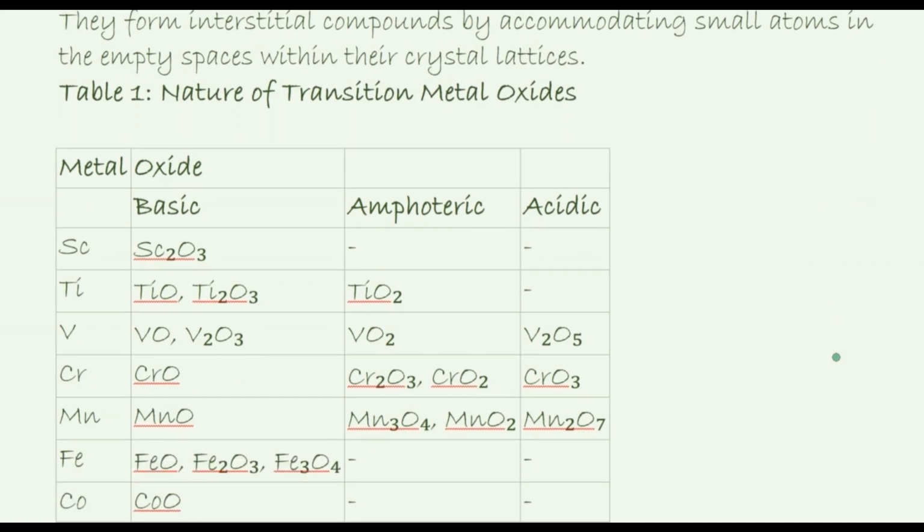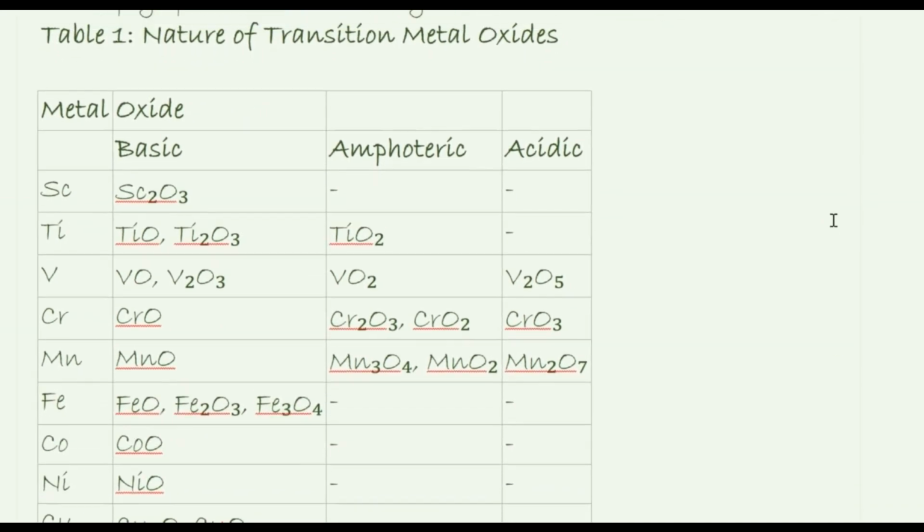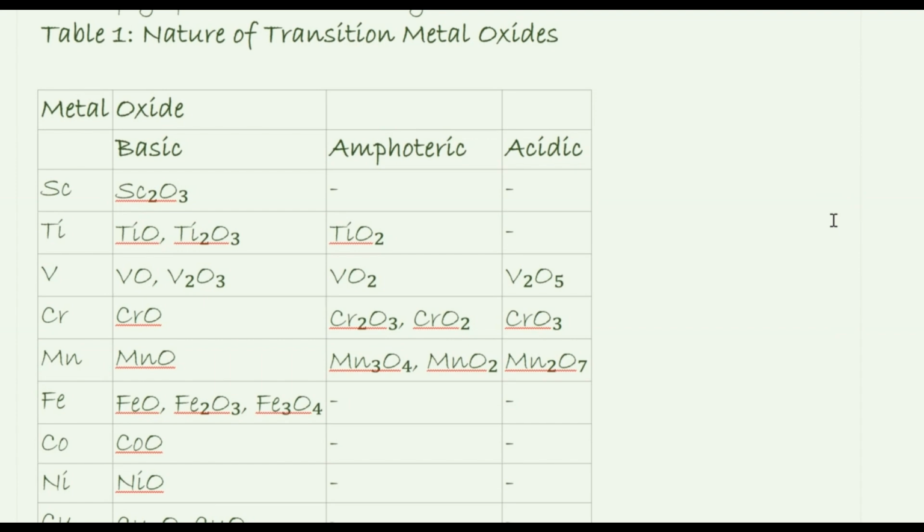Then we are going to see the nature of transition metal oxides. In the P block elements also I told you questions can be asked in the way of acidic, basic and amphoteric oxides. Here you can see scandium forms a basic oxide, titanium basic oxide as well as amphoteric, which is TiO2, where titanium is in +4 oxidation state.